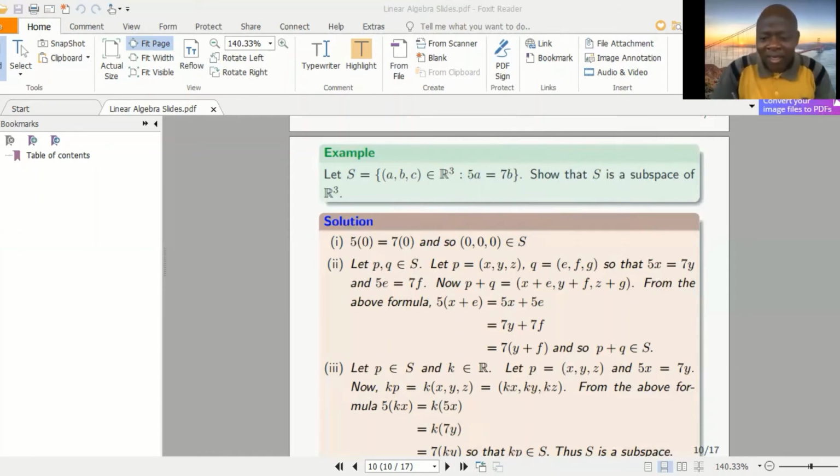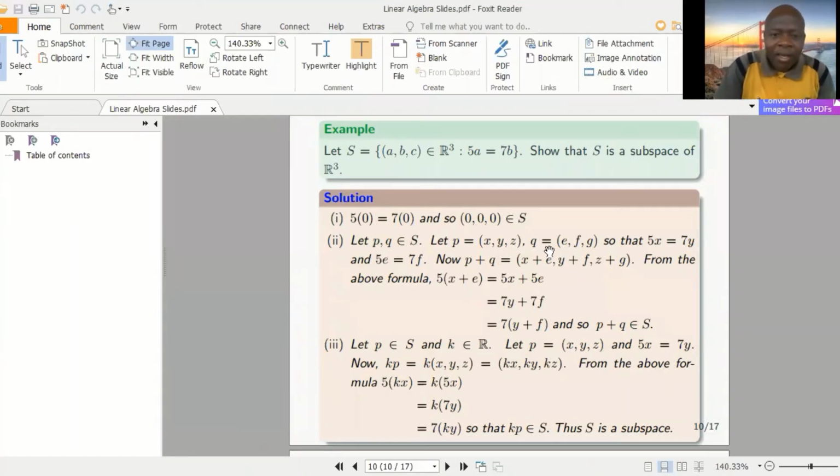But let me take you slowly through the typed working that I had written before. It's the same as what I've just explained. Let P be a member of S and K be a scalar, a real number. Let P be (x, y, z), so that 5 times the first element gives 7 times the second element.